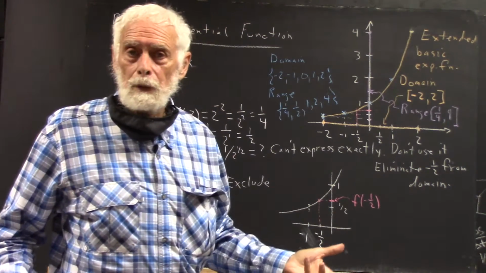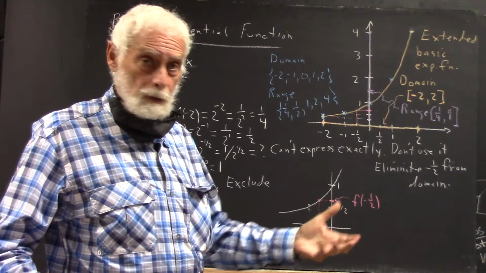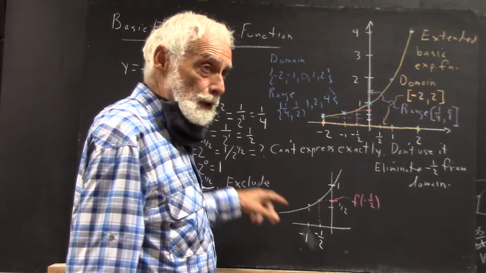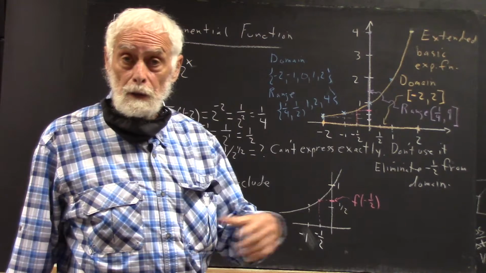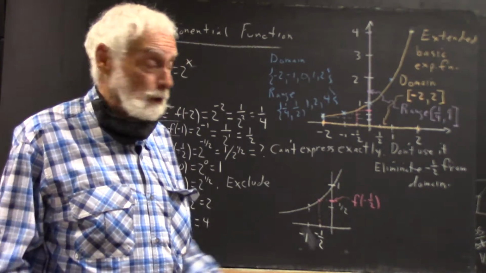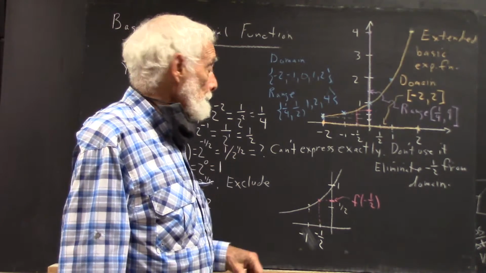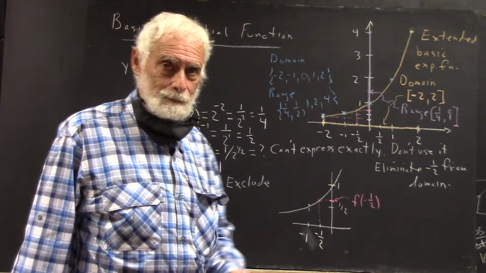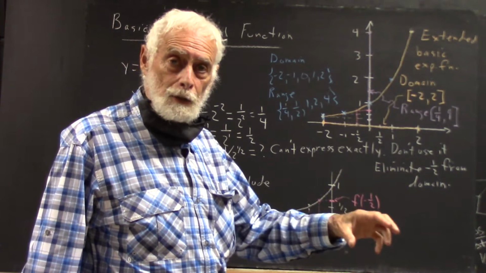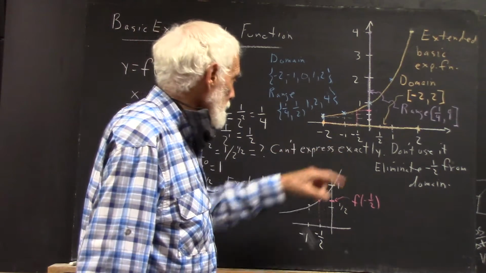We could program a supercomputer to give us trillions of decimals of 2 to the 1/2, but none of them are going to be completely accurate. They're going to get really, really close, but they're never going to be exact. They're going to be more and more accurate, but never exact.